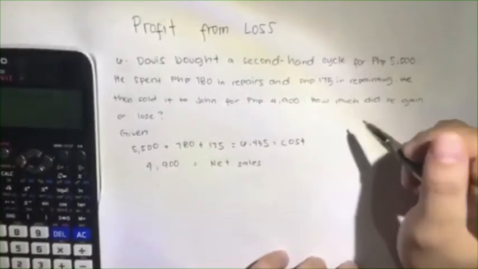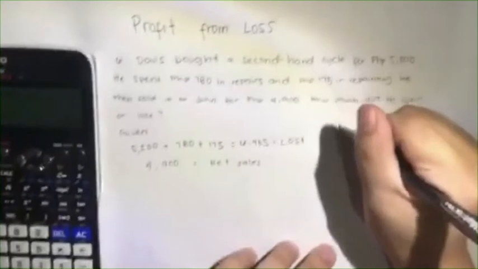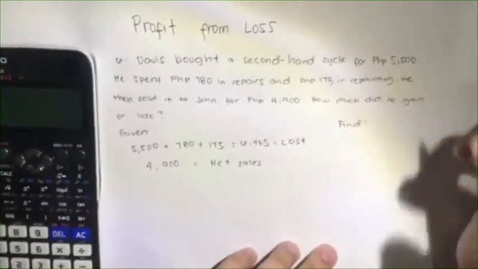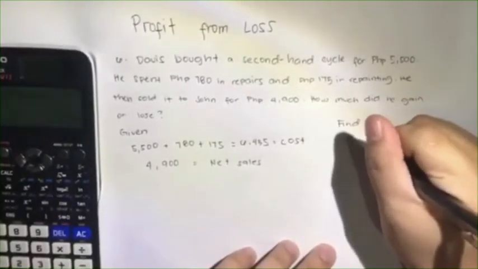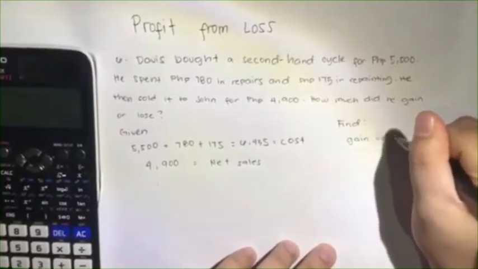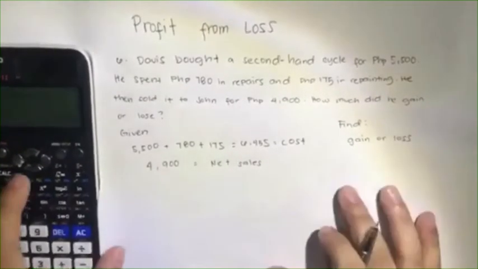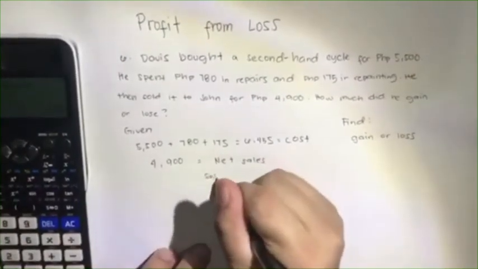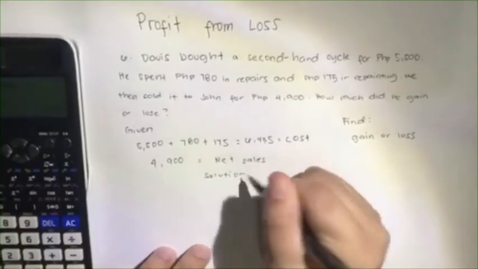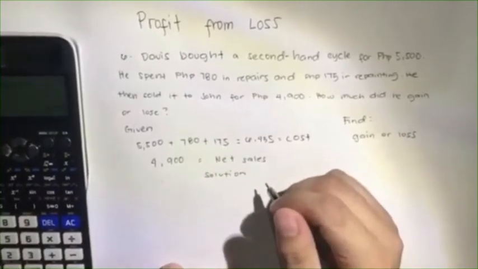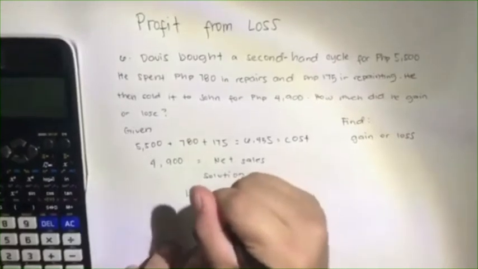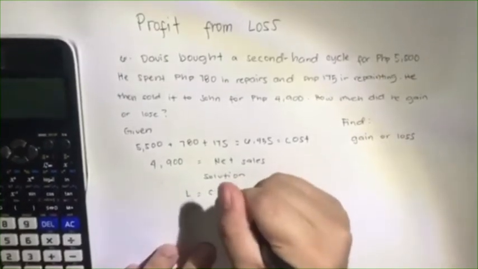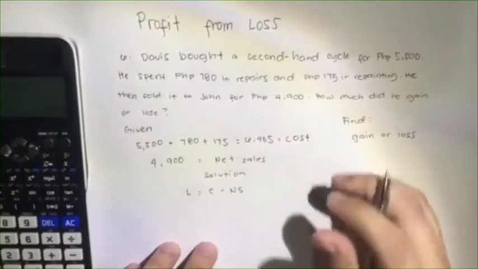And the question is, how much did he gain or lose? So we will find is gain or loss. So solution, ang gagamitin nating formula is loss is equals to cost minus net sales.